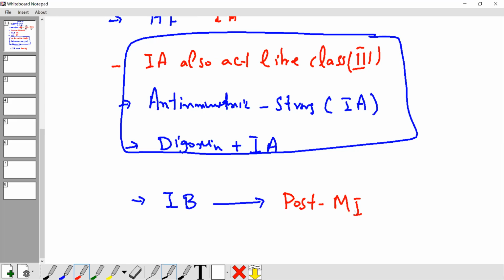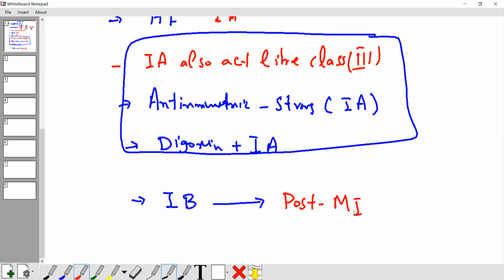Arrhythmia due to MI or heart attack is treated by class 1B: lidocaine, mexiletine. What is the difference between lidocaine and mexiletine? Lidocaine is only intravenous, mexiletine only oral.